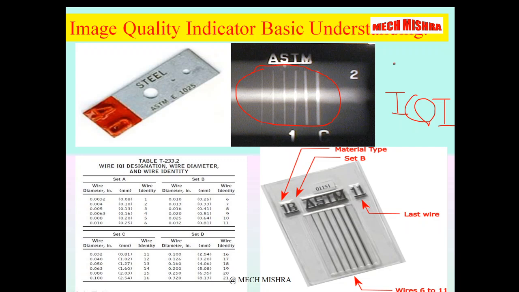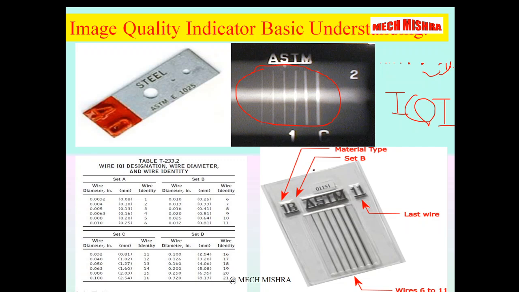If my quality is good, it can identify the lower defects, like I am making the defect here. Big defects can be easily identified, but the lowest size of defect which can be identified by this RT film, that we call sensitivity, and we can measure it by the image quality indicator, and sometimes we call it a penetrameter.